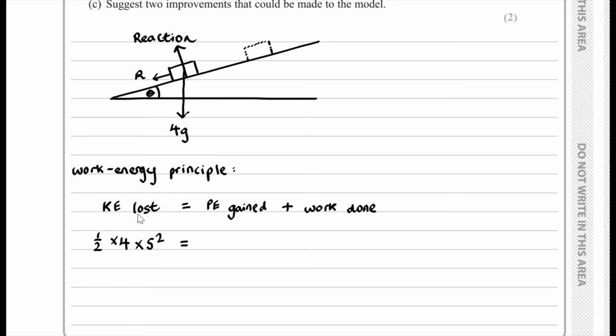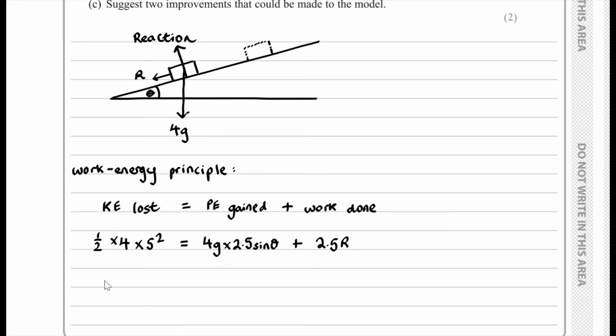That's the kinetic energy lost at the point A. And at the point B, we've gained potential energy. So we have 4g times 2.5 sine theta. So that's the potential energy gained at the point B, and the work done, we have the force times the distance travelled, so we have 2.5 R.